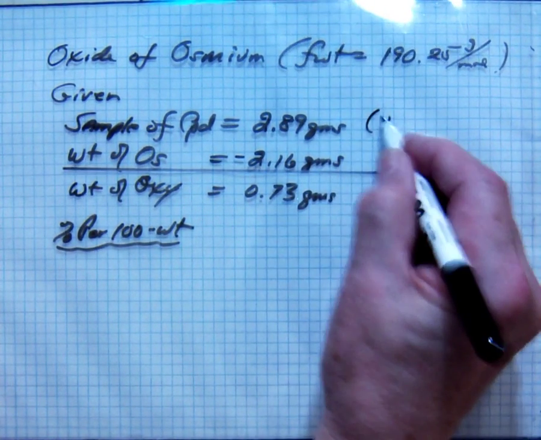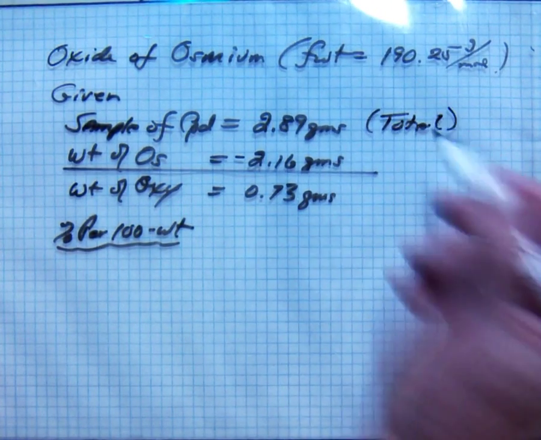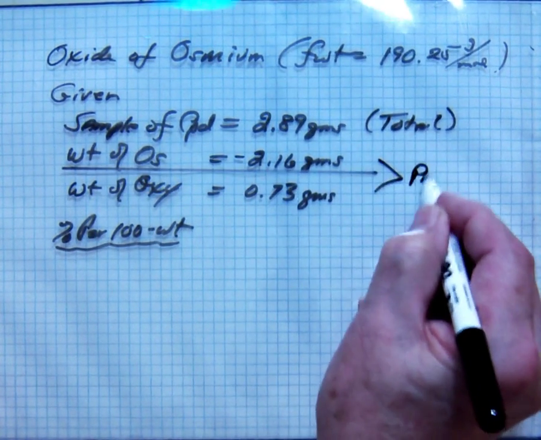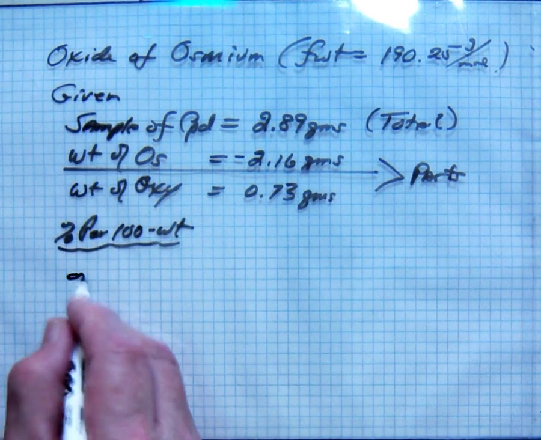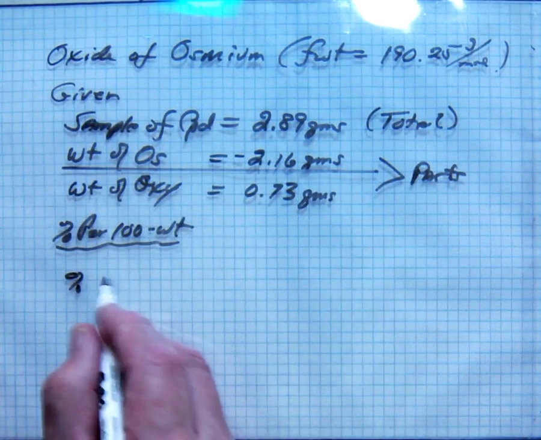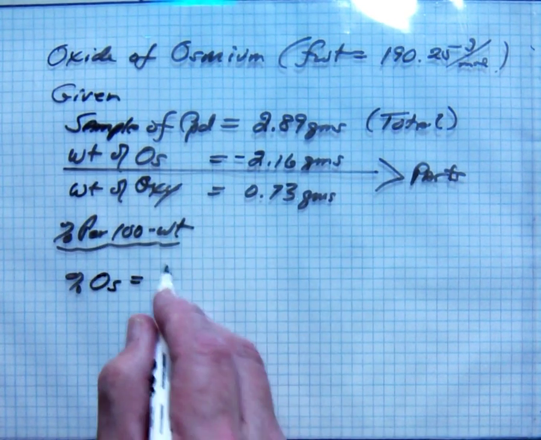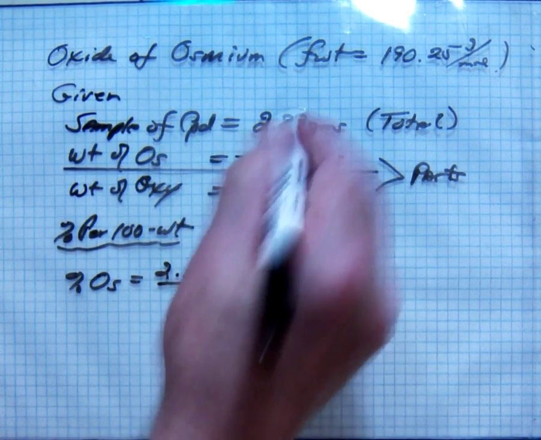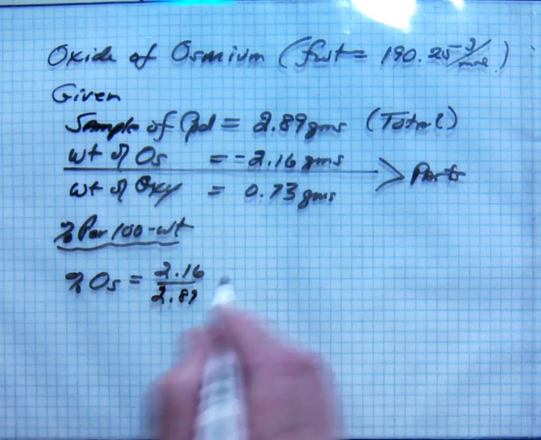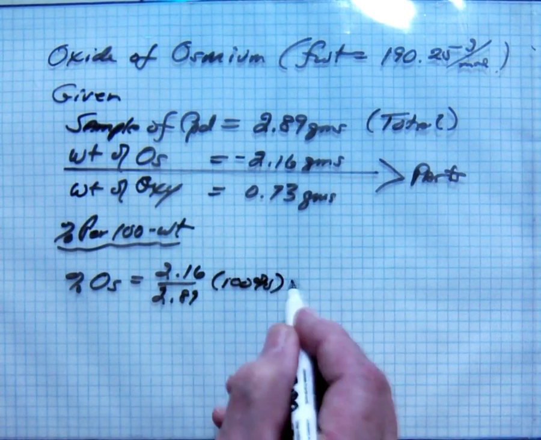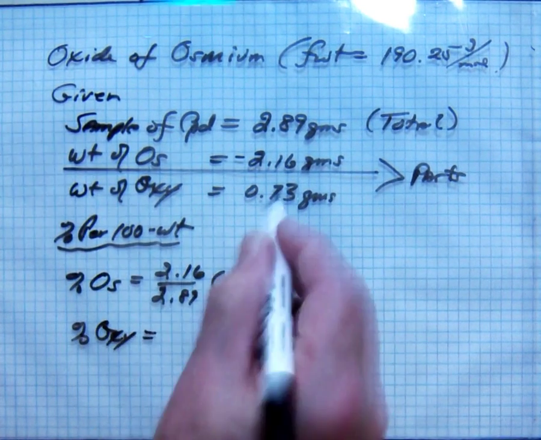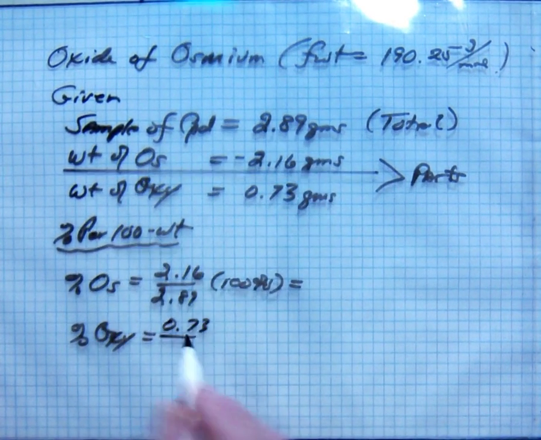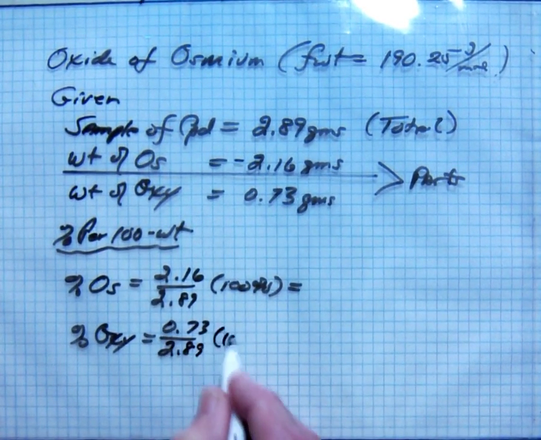Here is the total, and these are the parts: the part of osmium, and the part of the oxygen. So the percent per hundredweight for osmium is 2.16 divided by 2.89 times 100%. And the percent of oxygen is equal to 0.73 over 2.89 times 100.